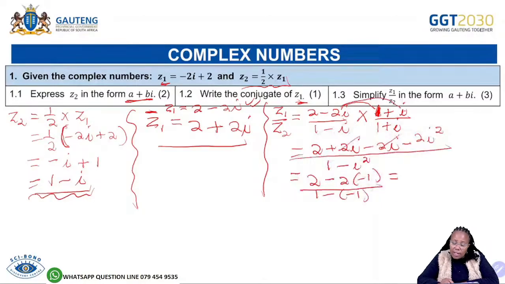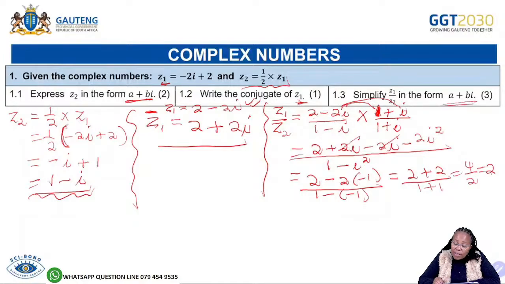So the final answer here will be 2 plus 2 over 1 plus 1, which is 4 over 2, equals 2. So this is the simplification of Z1 over Z2, okay?